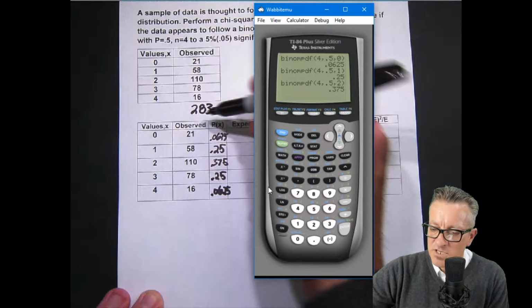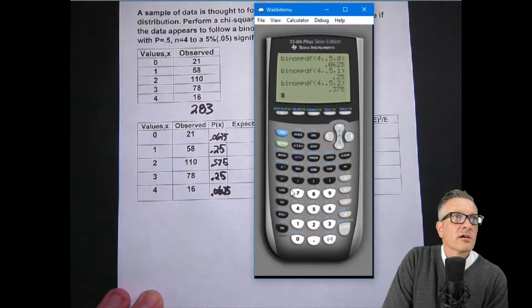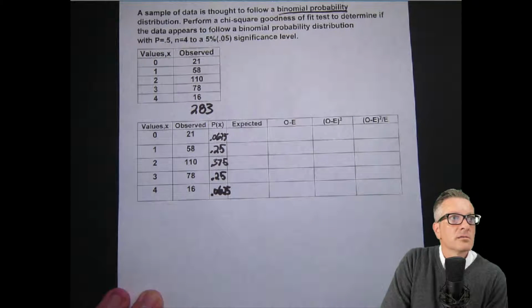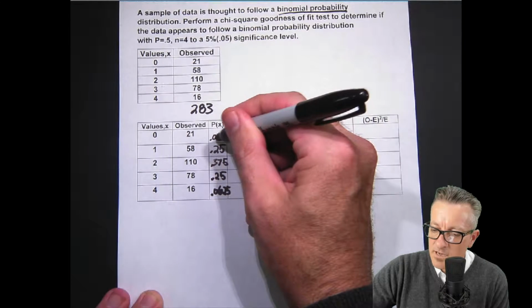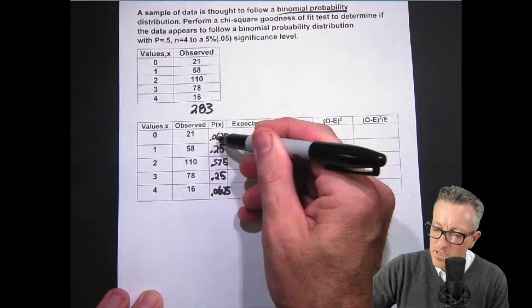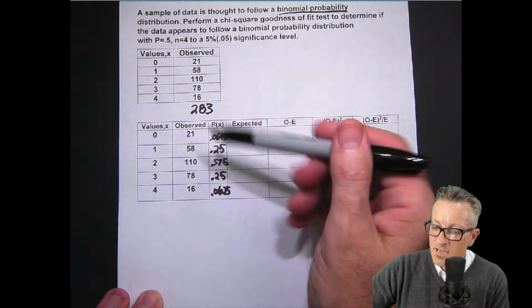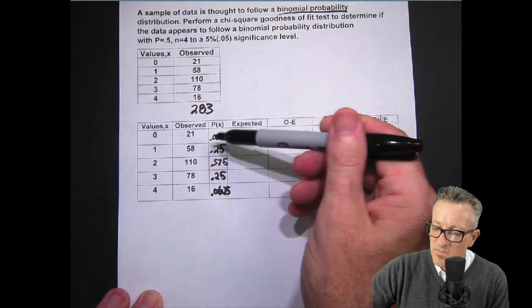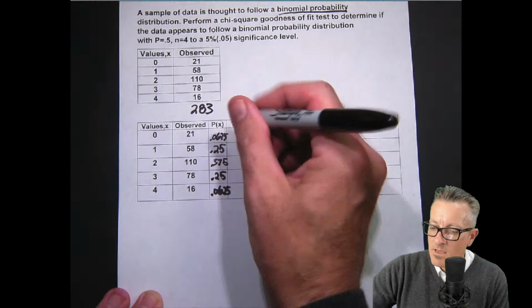So when we multiply 283 times this value right here, I'll move the calculator. It's in the way. When we multiply 283 times this value, or the probability, it gives us the expected, because theoretically out of 283, something that has a probability of 0.06 should come up a certain amount of time. And so we multiply that.